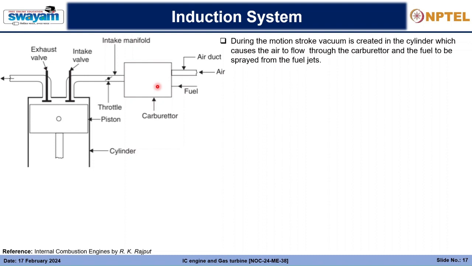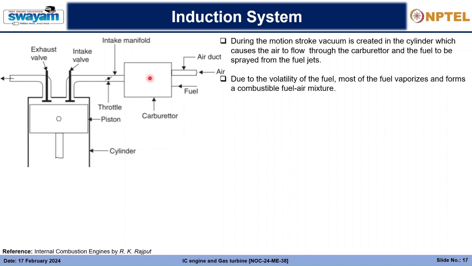If you have very small droplets of fuel, which have a very small volume, then the surface area is quite high, and the fuel droplets can easily get vaporized and mixed with the air. Eventually we need a vaporized mixture of fuel and air, not fuel in liquid phase. Only then can it be easily ignited inside the cylinder. That's why the fuel is sprayed through fuel jets.